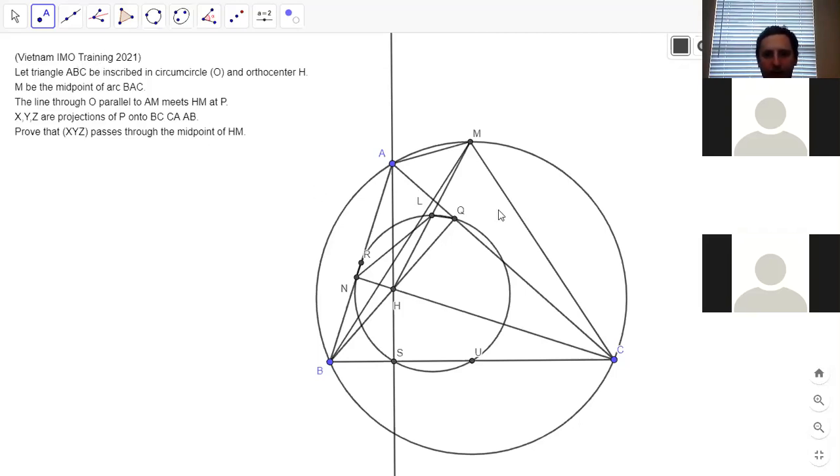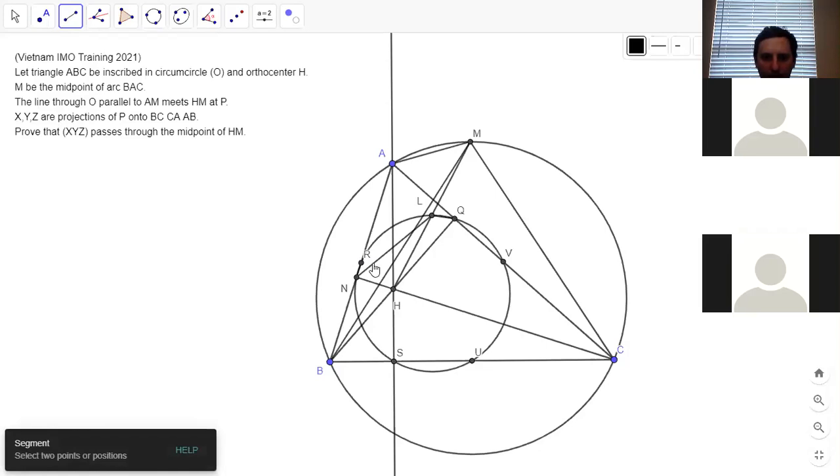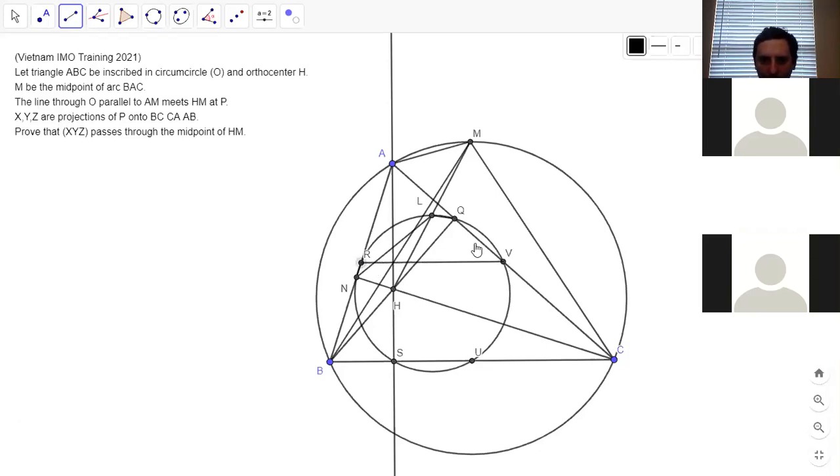Is it? Let me draw that part right here. Oh, because RV we know is parallel to BC. So we want to show angle L, RNL is R. Now I'm confused again. It's probably easy, right? It's equivalent to LR equals LV.